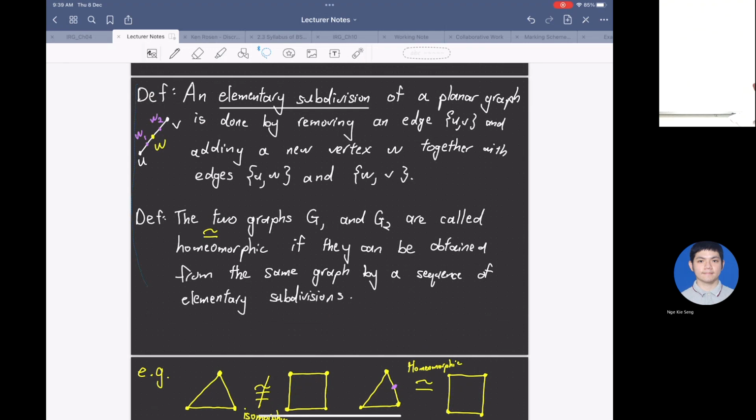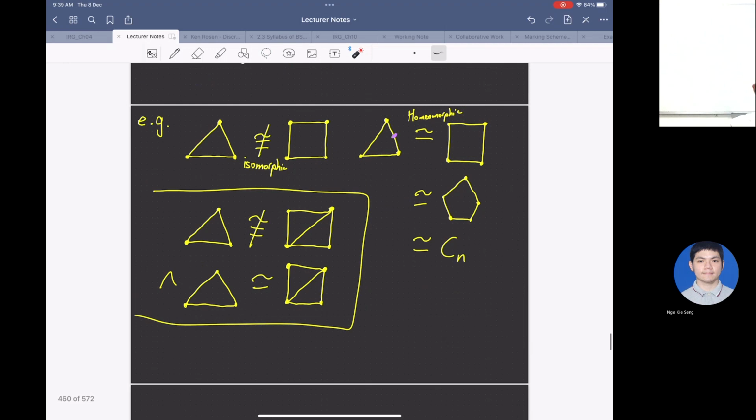This kind of operation is one manifestation of topology. I didn't give you the definition, but this kind of procedure or method is called topology. You can continuously change the graph.